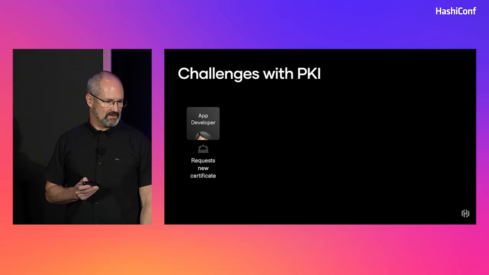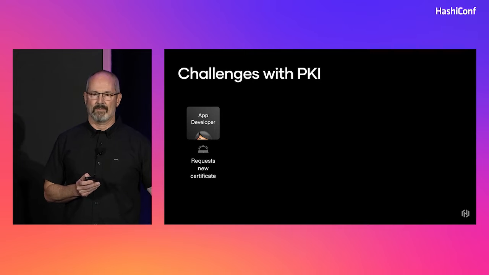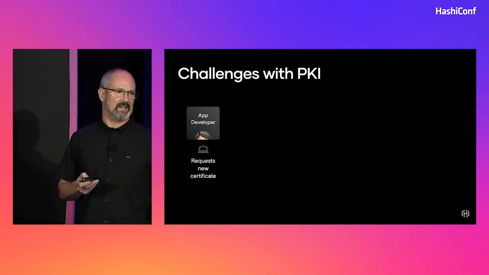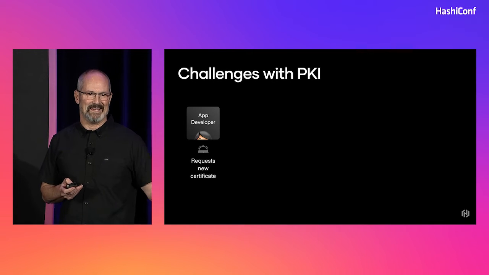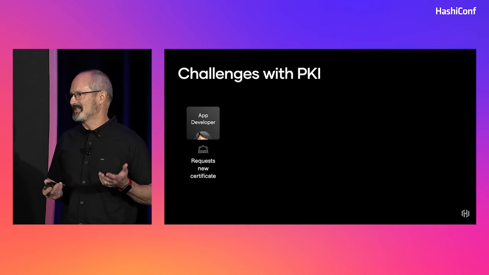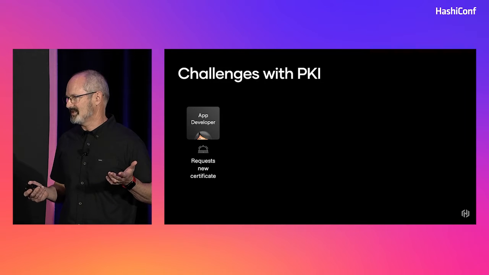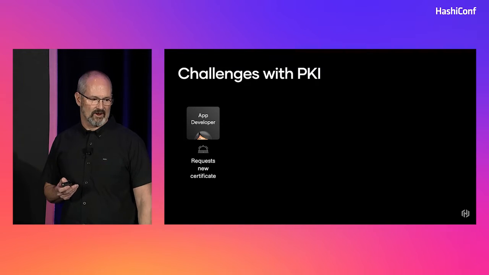So what their process looks like is this. Typically, they have some user, usually an app developer, that submits a request for a new certificate because it's been a year. And I'm going to keep saying a year because that may sound weird. That's a long time to leave a certificate out there. But it just happens because it's a pain to rotate these things, especially with large environments.